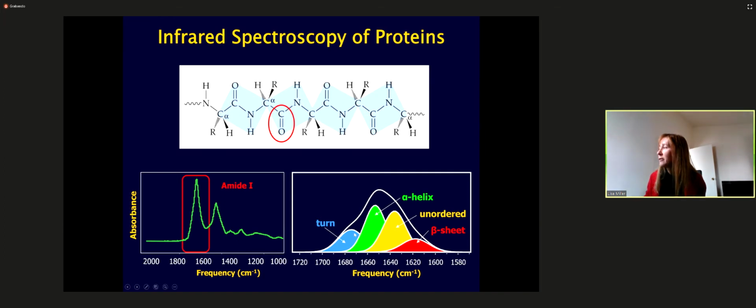All these different frequencies fall under this envelope, but if you have good quality data, you can actually deconvolve this amide 1 peak and find out how much helix, unordered, beta sheet, and turn you have in your sample. And that's really important for studying protein folding diseases, which you'll see a little bit later.